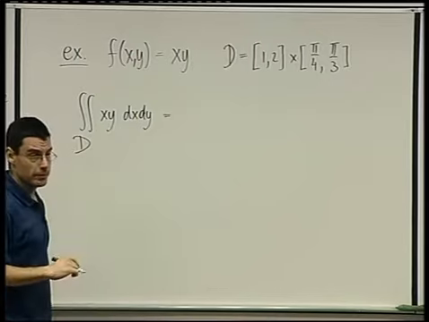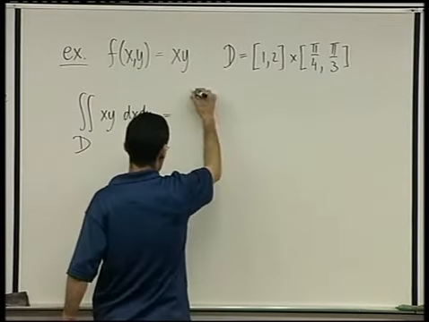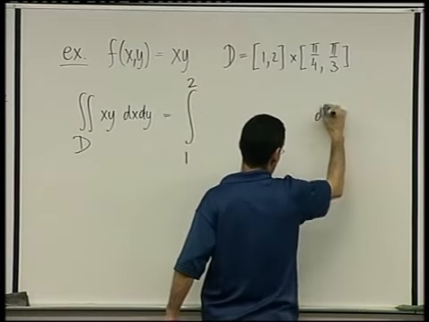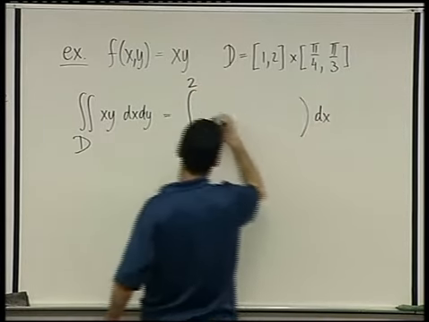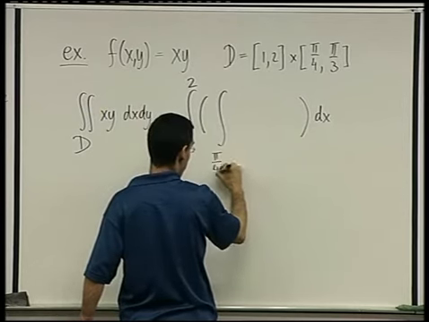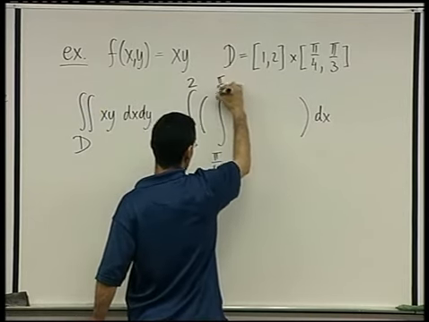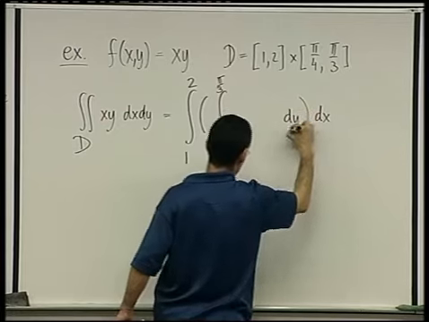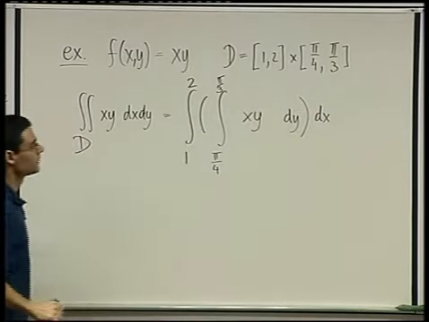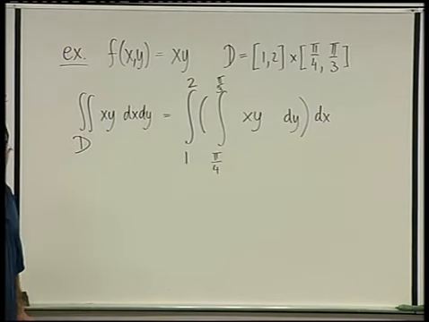By the theorem, we have to take the integral from 1 to 2 dx of the integral from pi/4 to pi/3 dy of our function xy. That's the theorem we just wrote down. Do you agree?